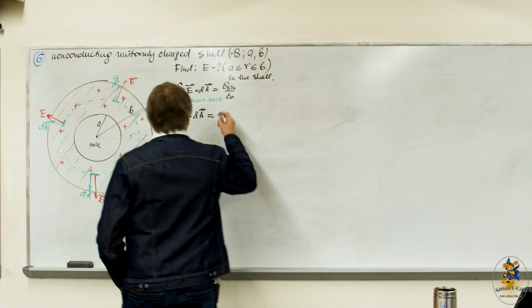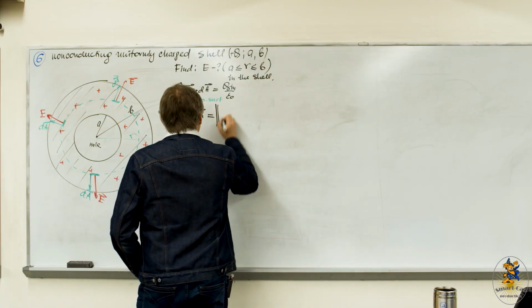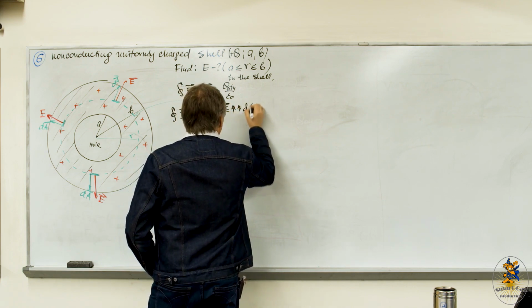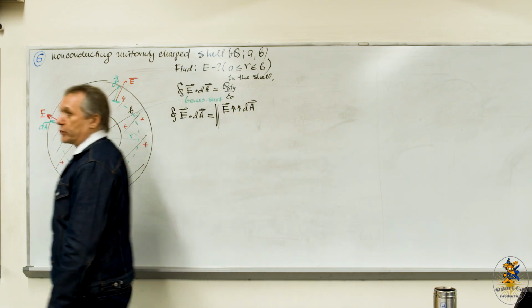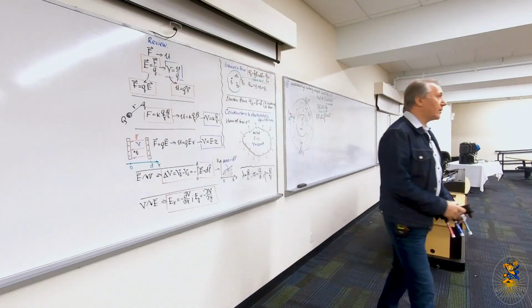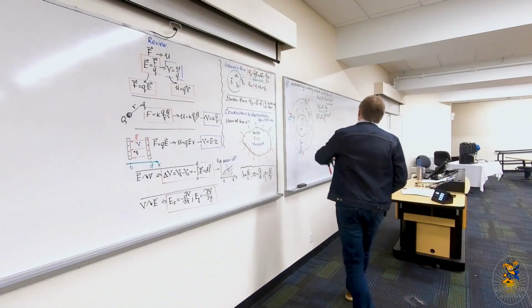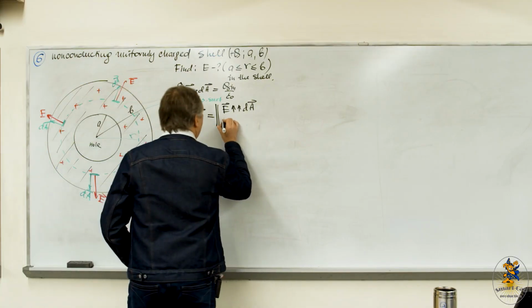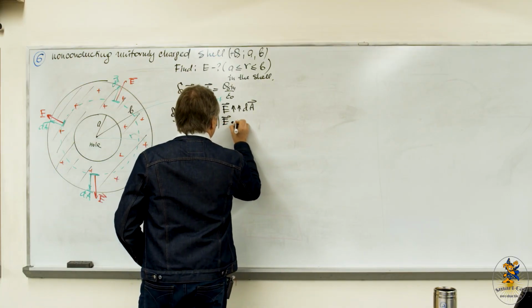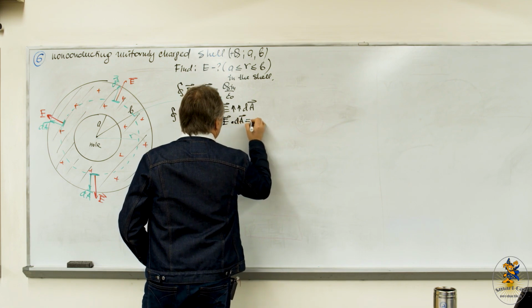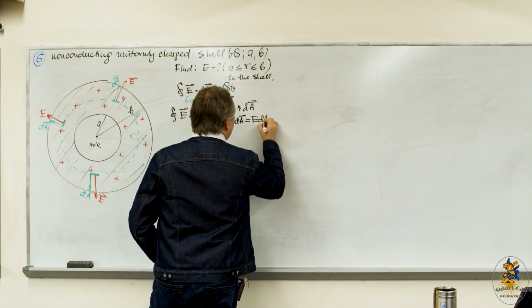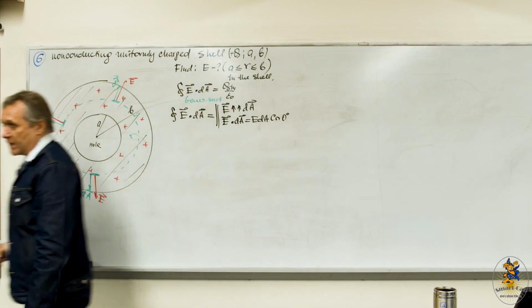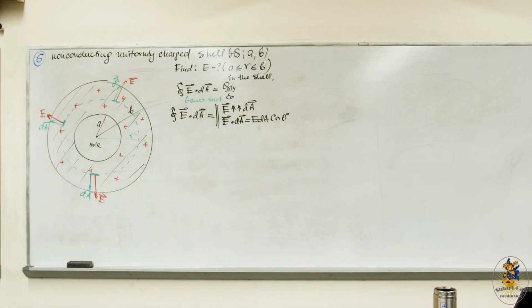Okay, so now, first explanation box. We can see that the electric field and the area vector are parallel to each other. It means that the angle between them is 0 degrees, and the dot product can be simplified. So we have E dot dA, which is equal to E dA times cosine of 0 degrees. I just wrote down the dot product explicitly.